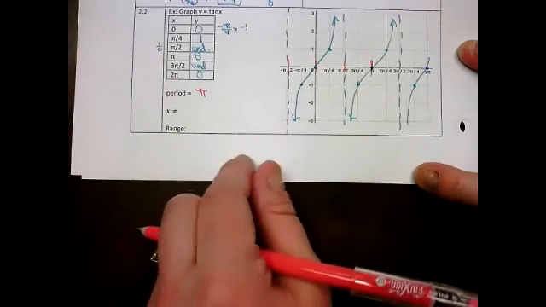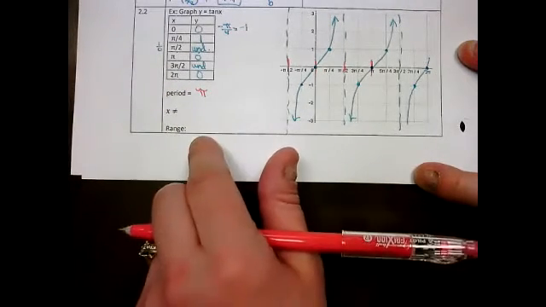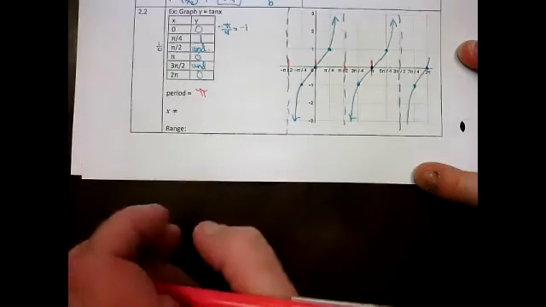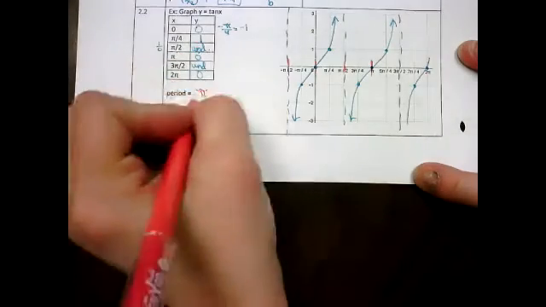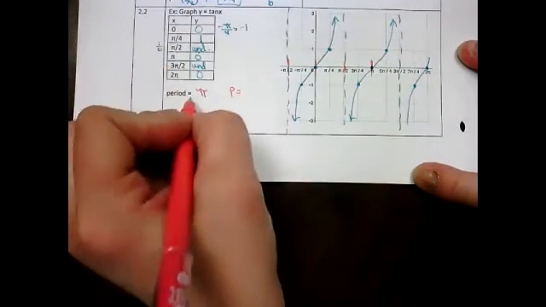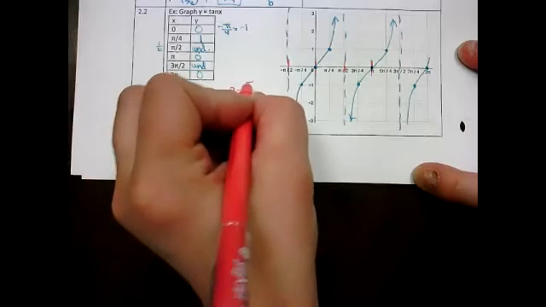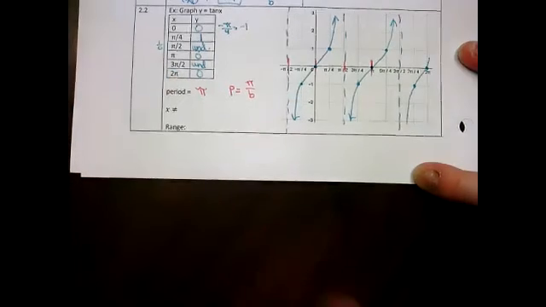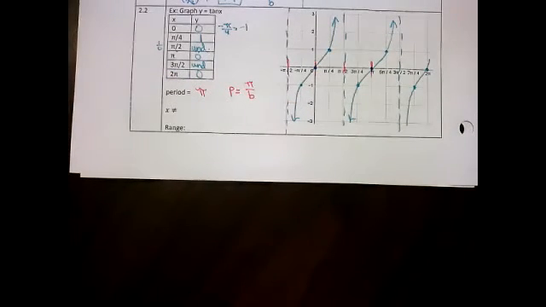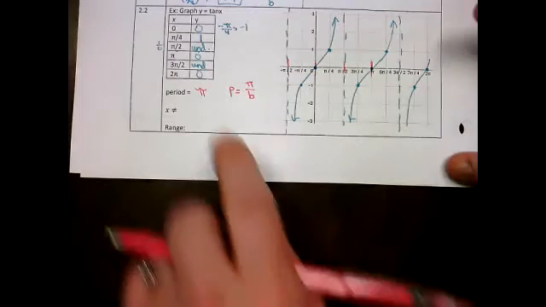Unlike in our previous lesson where we found a period when we stretched or compressed, the period for a tangent is going to be pi over b, instead of 2 pi over b like sine and cosine were.